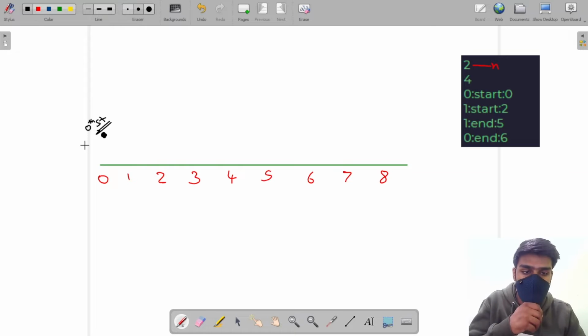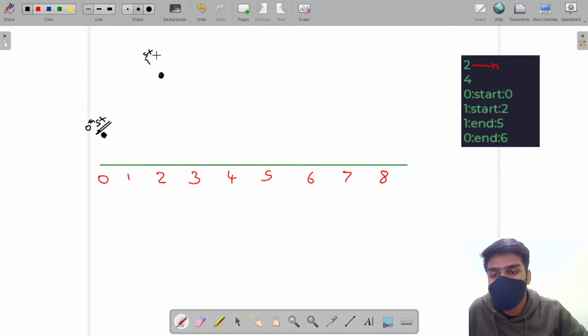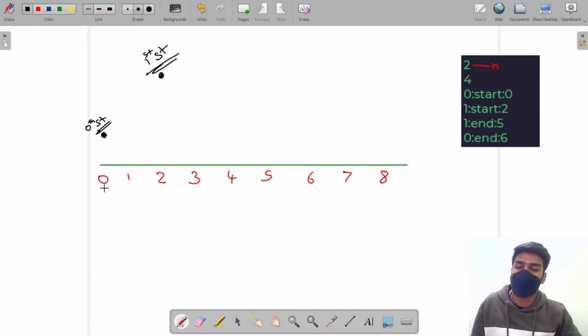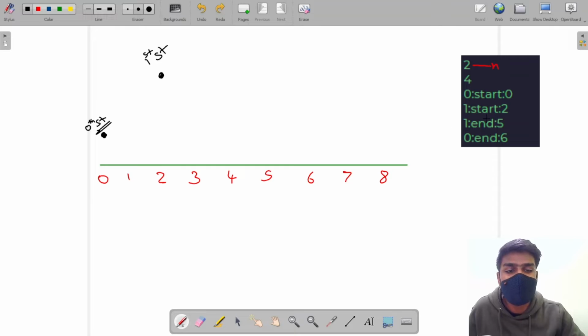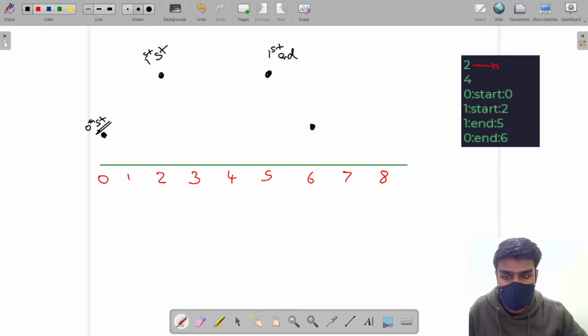Then I will go to the second point and start my first function from 2. Now I will end my first function at 5. So my first function is ended here. And now my 0th function is ended at 6.